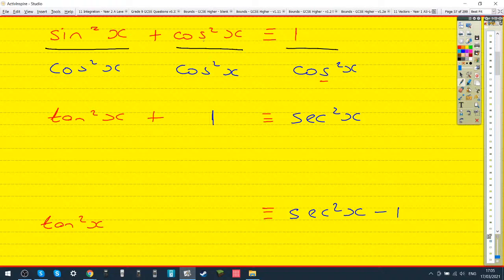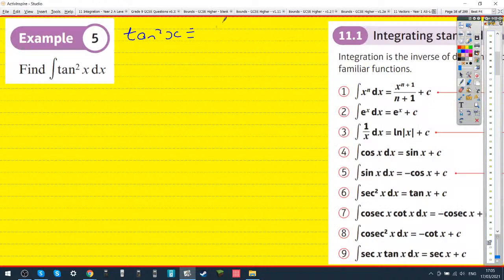Sec squared x minus 1. Okay. So the integral of tan squared x must be the same as the integral of sec squared x minus 1, because they're both equal to each other.